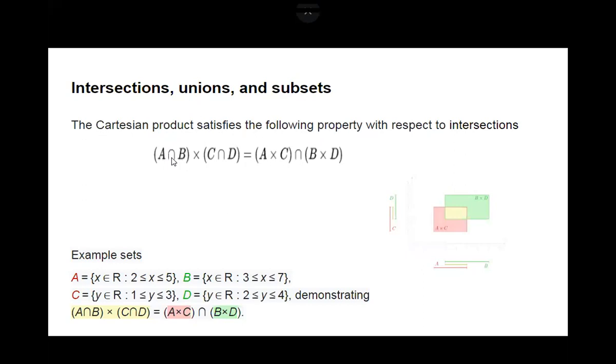So the common elements of A and B cross the common elements of C and D is equal to A cross C intersection B cross D. Getting this property?